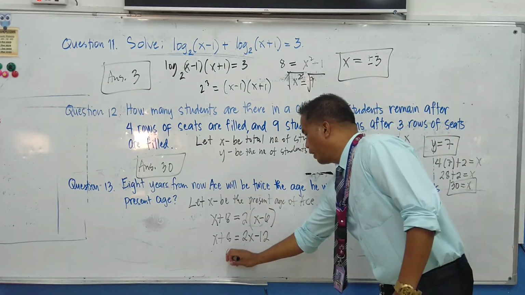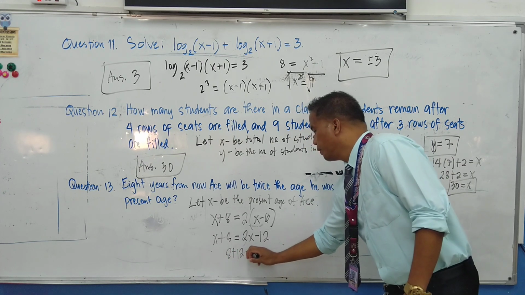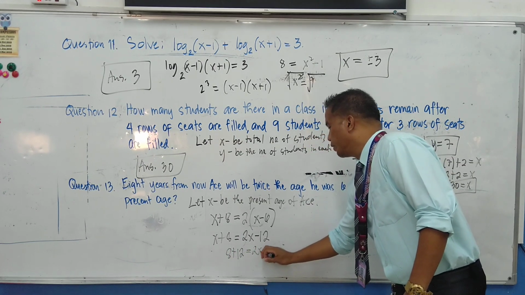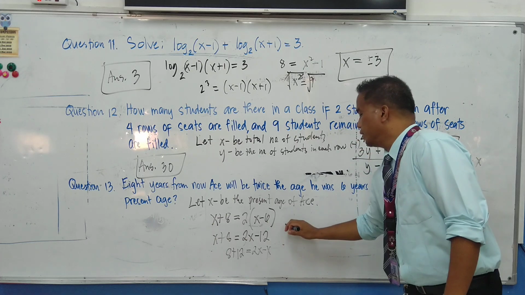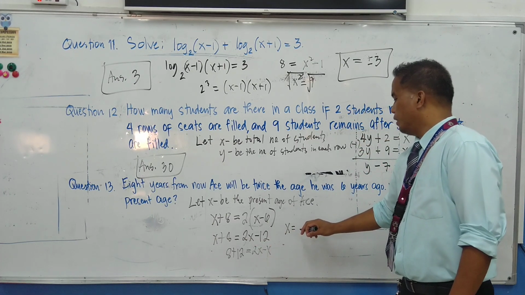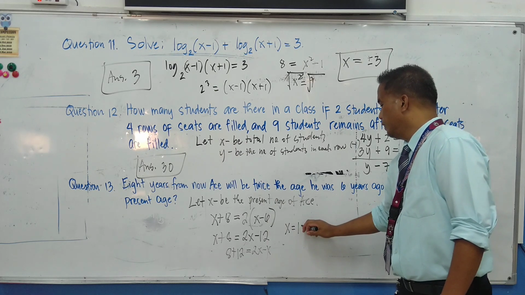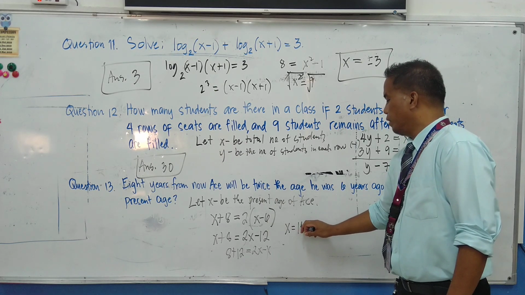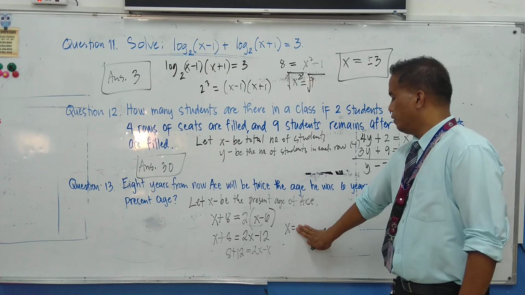So it will become 8 plus 12 is equal to 2x minus x. 2x minus x is equal to x. Then 8 plus 12 is 20 rather. So 8 plus 12 is 20.